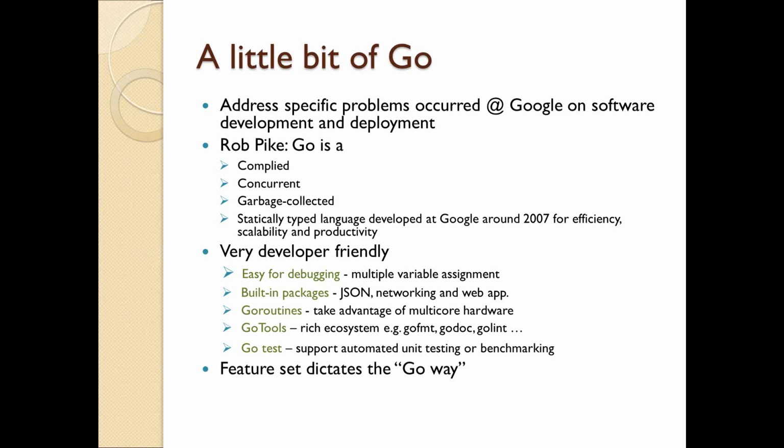In general, we do not need to know about the history of a programming language, but for Go it is important because this dictates some of its features and design decisions. Go addresses a specific problem in Google's software development and deployment.